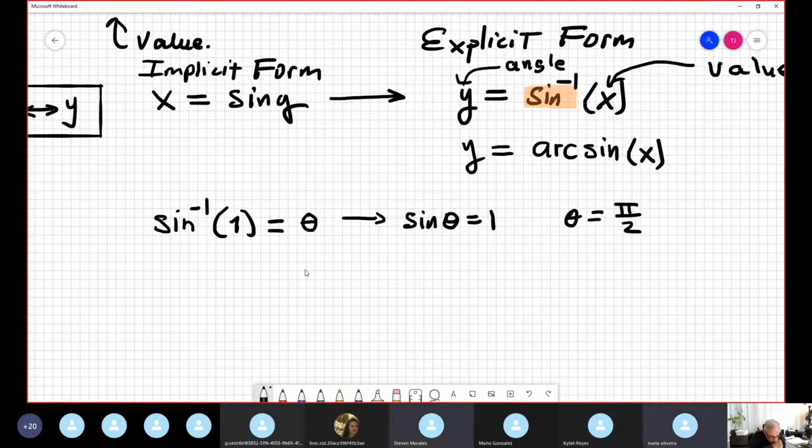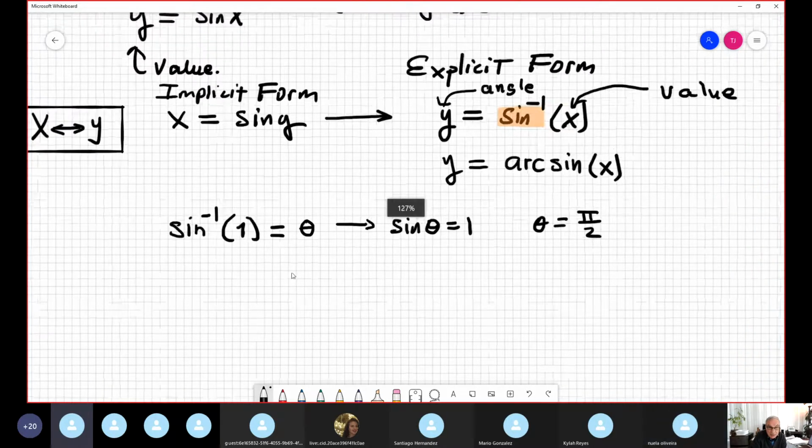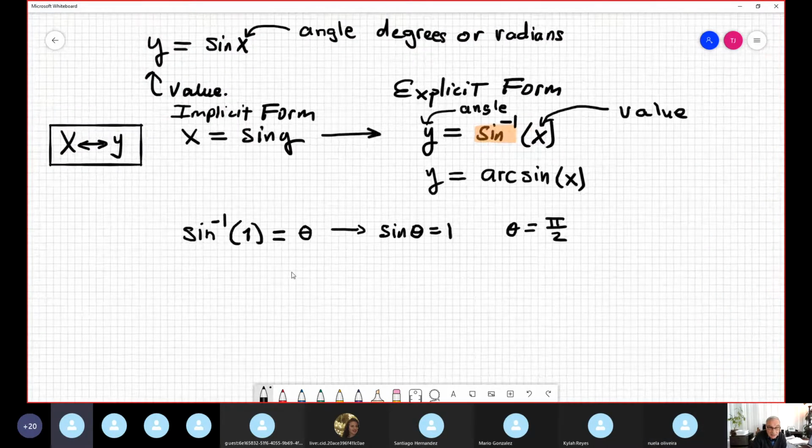Okay, do you understand the inverse function? Question. I'm the one who didn't understand. So, when we have an implicit form, is it the inverse of the explicit form, is that what you mean? No, exactly. Explicit is when you isolate y.